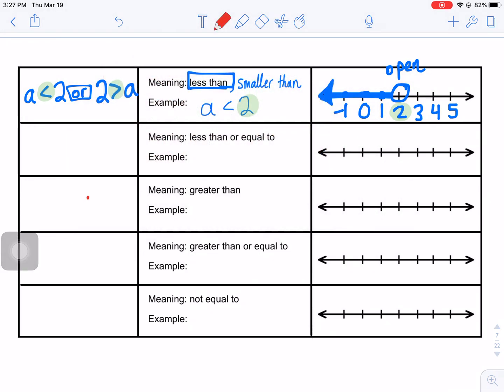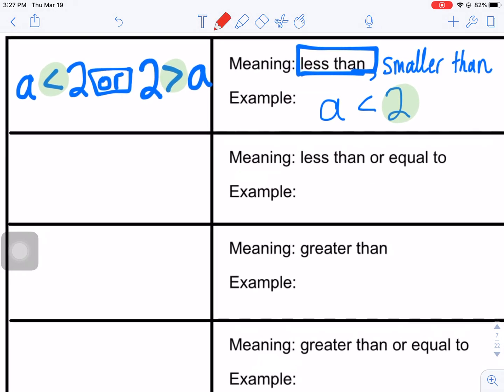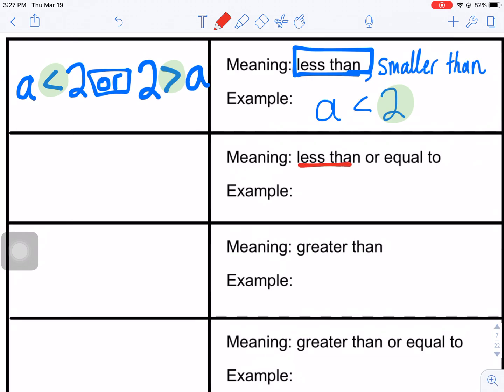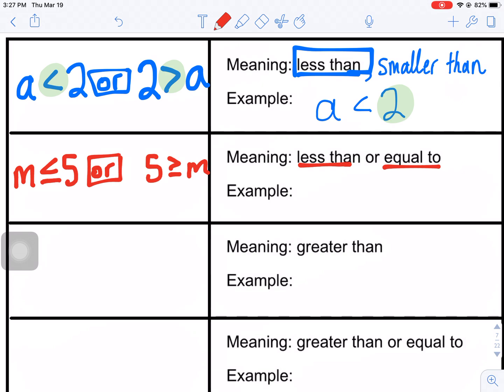The next example is less than or equal to. That would look like this or this. This line underneath tells you the or equal to.